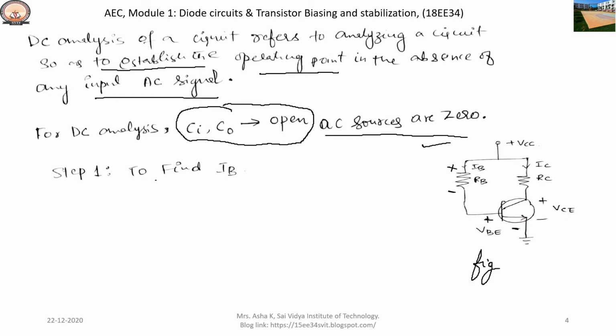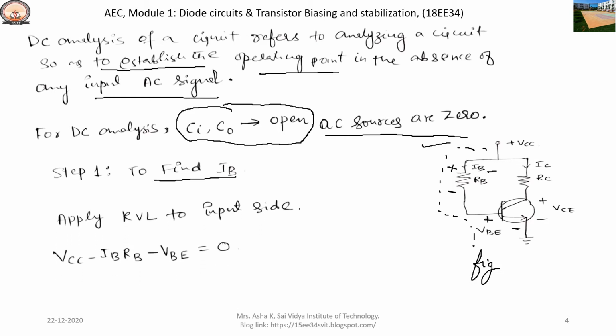Then to find the input current IB, we apply Kirchhoff's voltage law to the input side of the circuit. By applying KVL, we get negative to positive plus VCC, then positive to negative minus IB RB, positive to negative, base to emitter voltage minus VBE, is equal to 0.